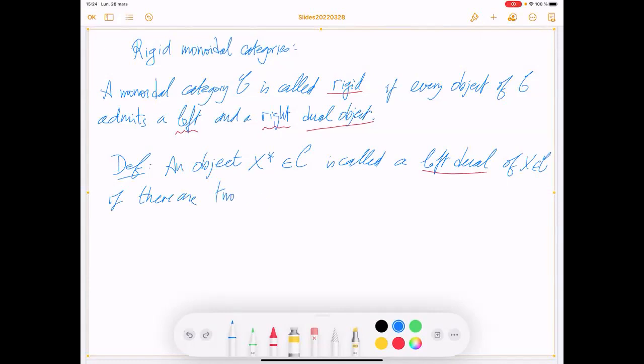The existence of such a dual is conditioned on the existence of two morphisms.